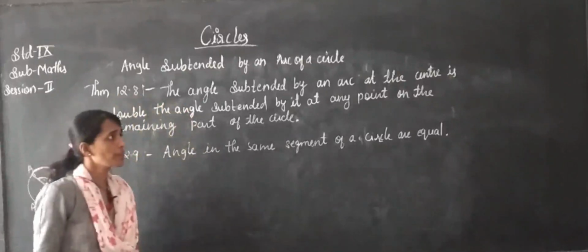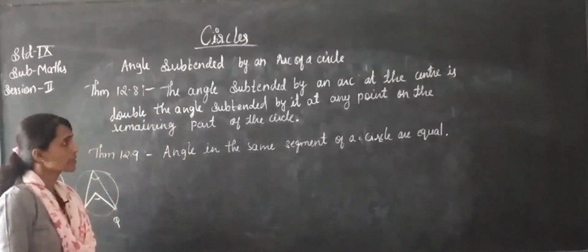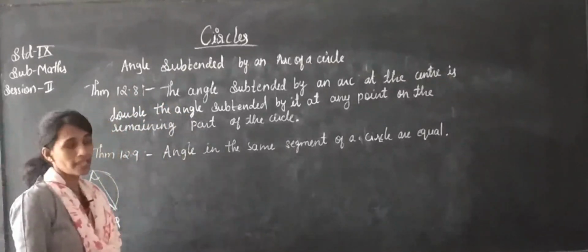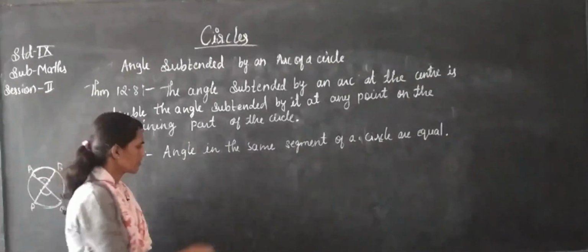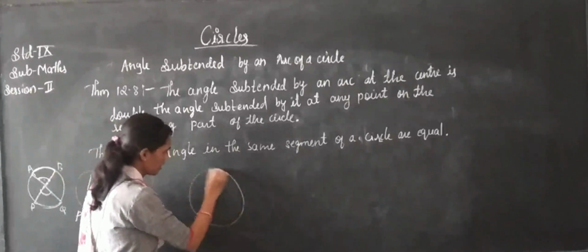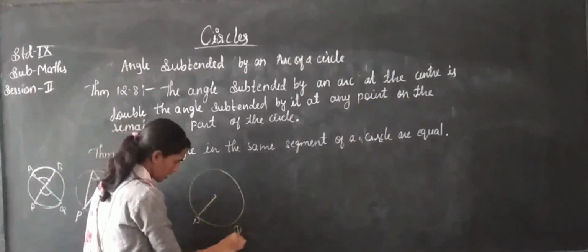An angle subtended by an arc at the center is double the angle subtended by it at any point on the remaining part of the circle. What does this mean? Take a circle with center and points P and Q as an arc.